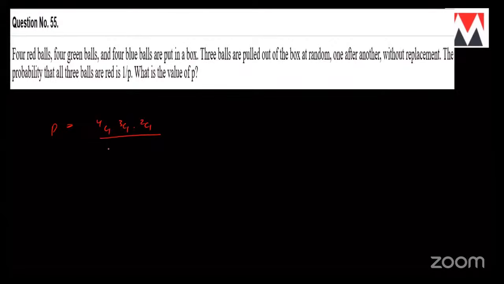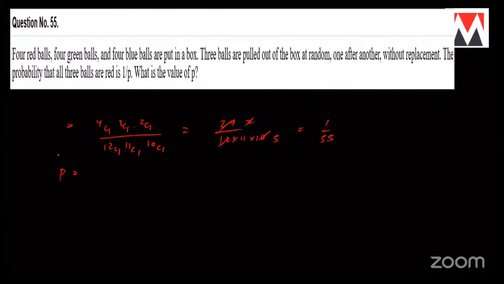So all are from that itself. Next here it is 12, 4 plus 4 plus 4, right? 12C1, 11C1, 10C1. So this is the probability: 24 by 12 into 11 into 10. 24 is 2, 5. So it is 1 by 55. So your p is 55.